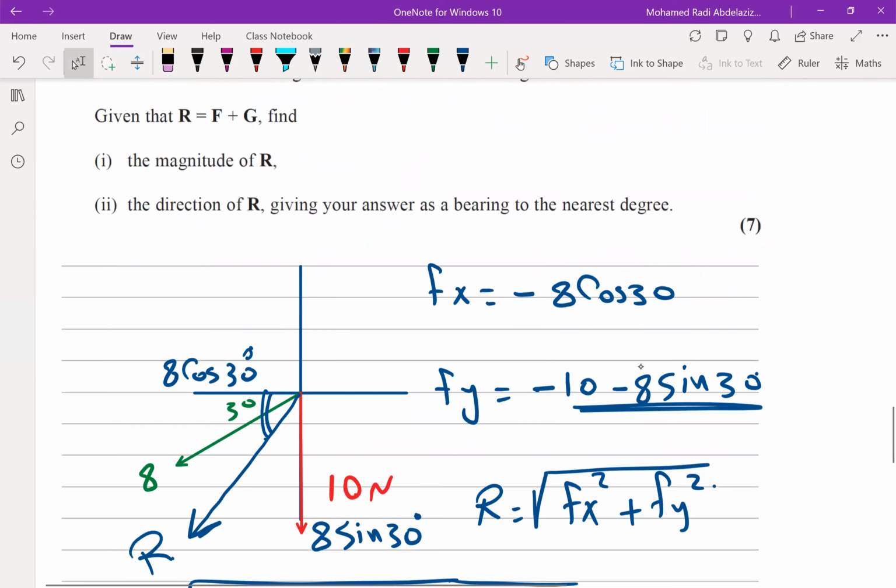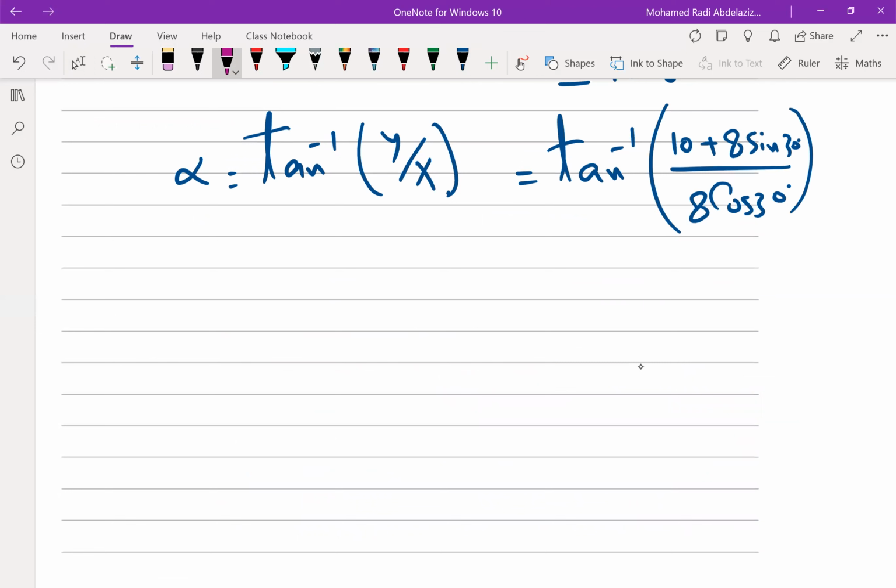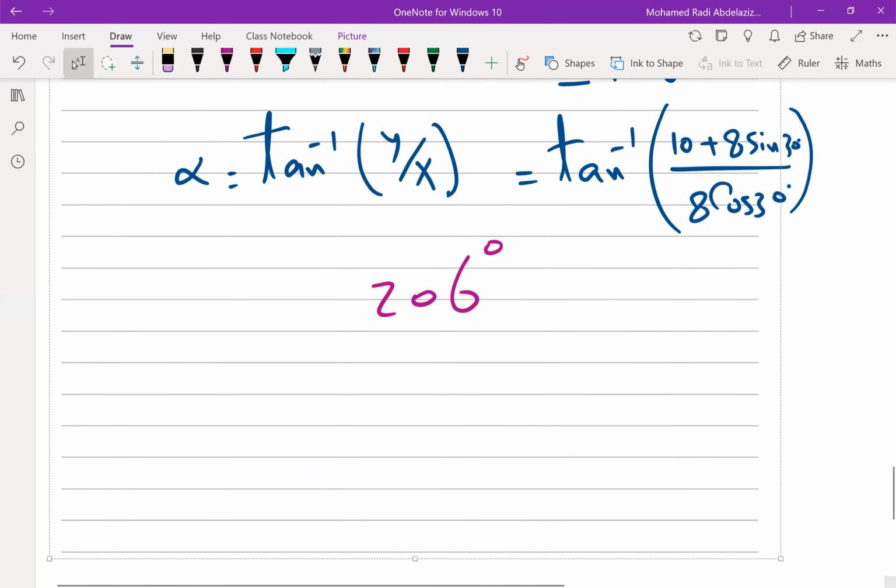You will get about 64 degrees, but the bearing will be 270 minus 64. So the answer will be 260 degrees bearing. Same answer as found by the first method. Thank you.